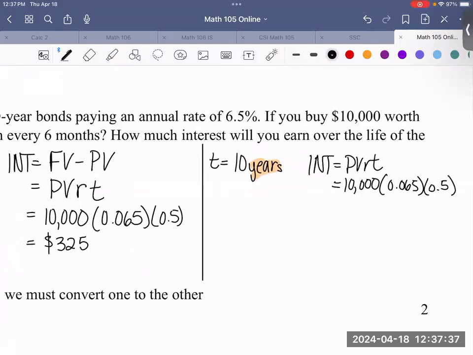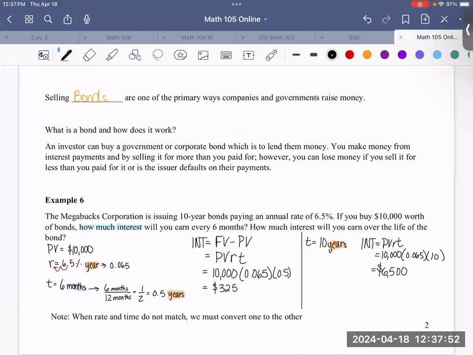Oops, not 0.5, 10. Copying the other problem here. So 6,500. All right. Keep in mind, just note that when the time and rate do not match, make sure you convert one into the other.